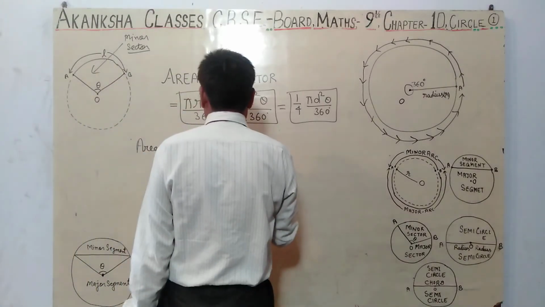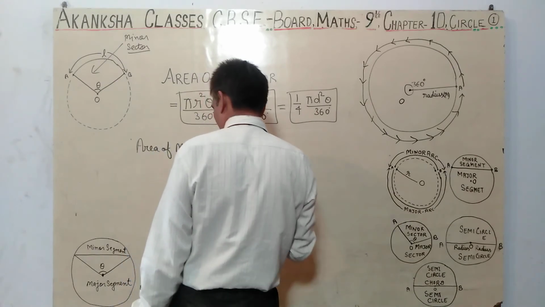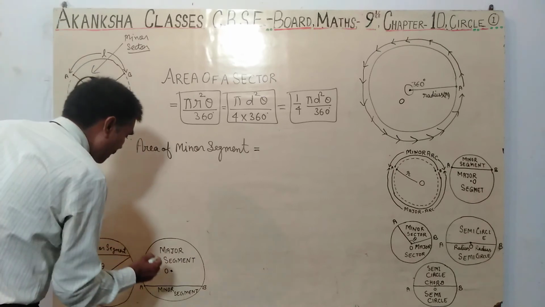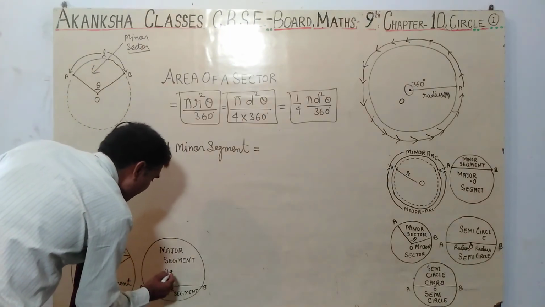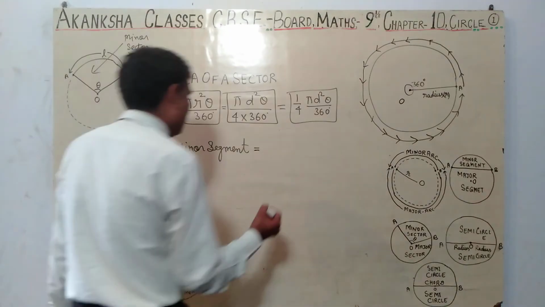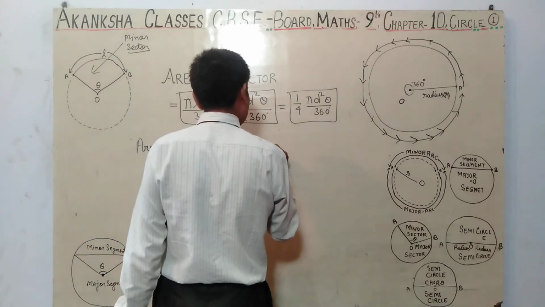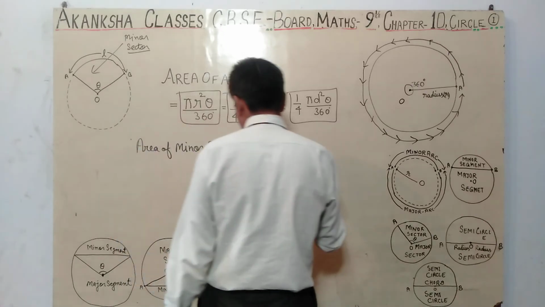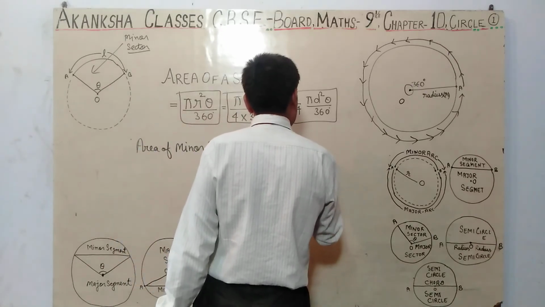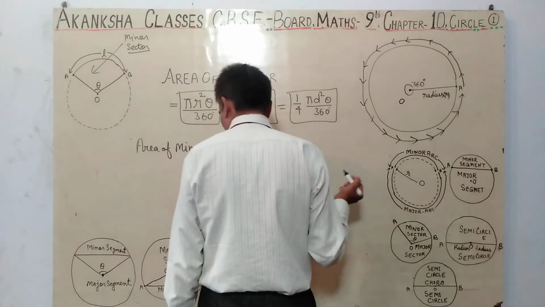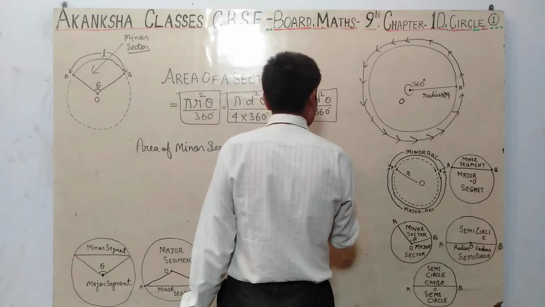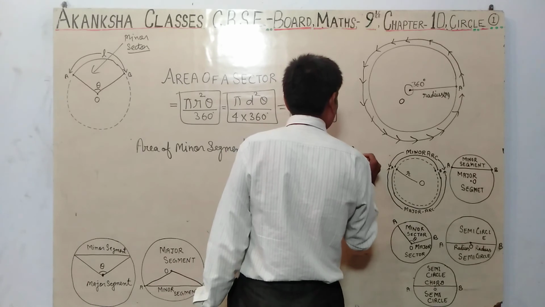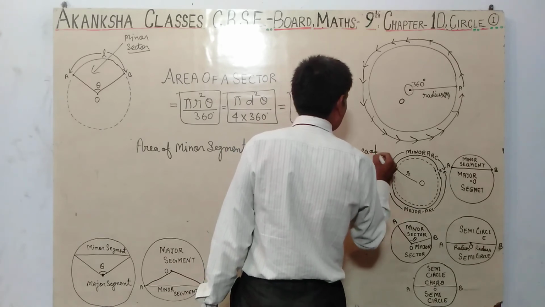The area of minor segment equals area of minor sector minus area of triangle.